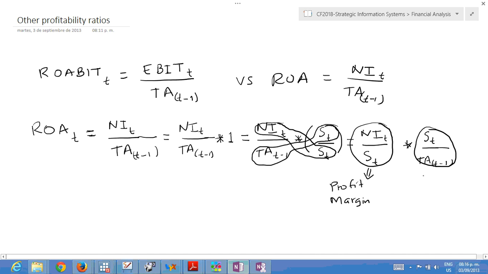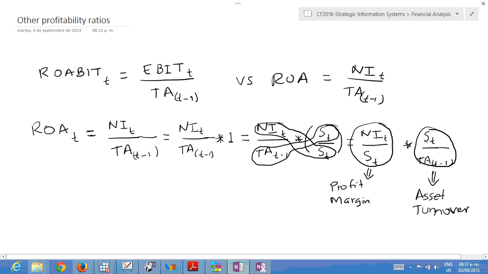And if you divide sales by total assets, this is called asset turnover. This ratio is more familiar to most business people or business students, but asset turnover is a little bit difficult to understand.